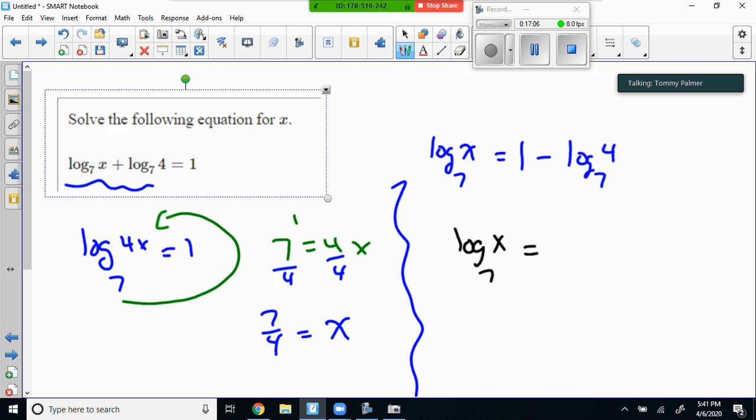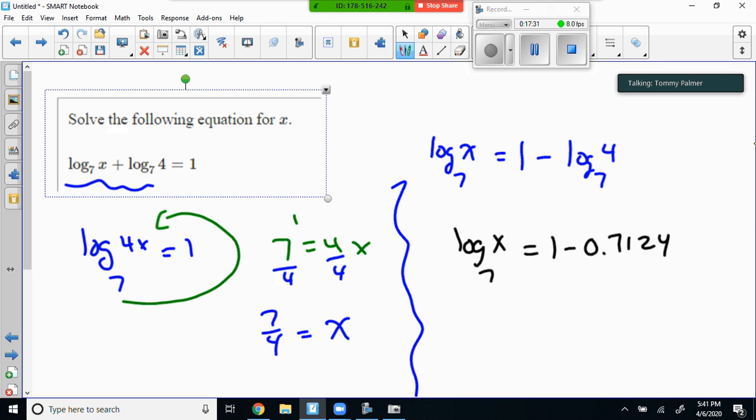You can do change of base, you know, log of 4 divided by log of 7, right? Log of 4, enter, divided by the log of 7, enter.